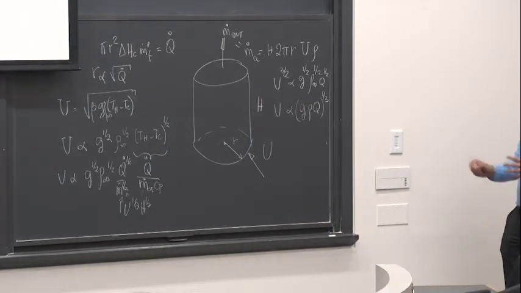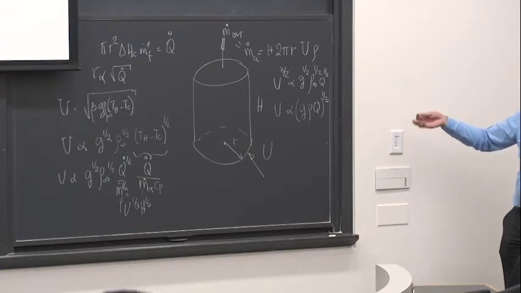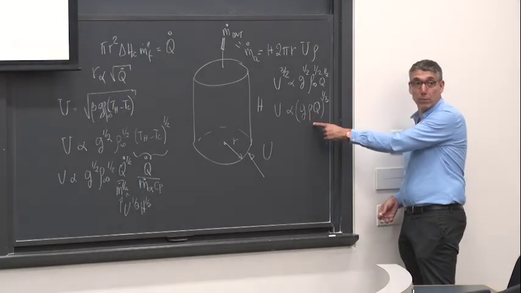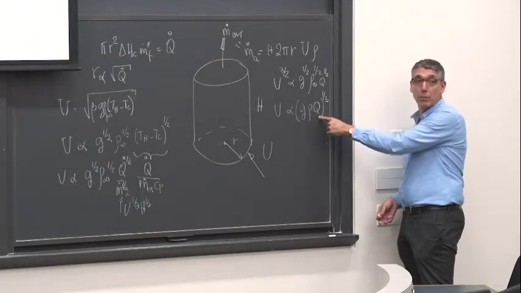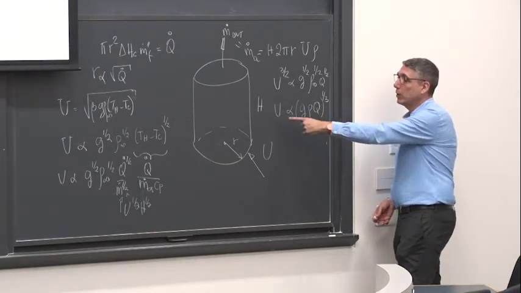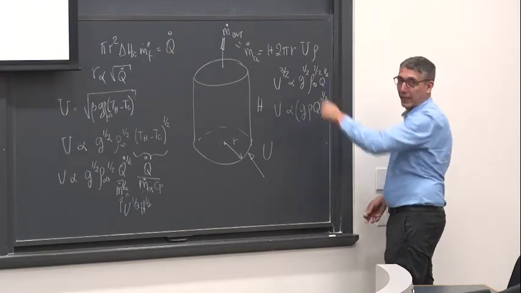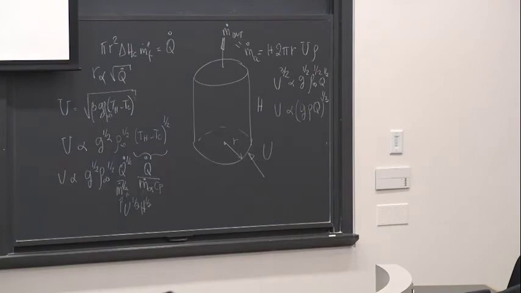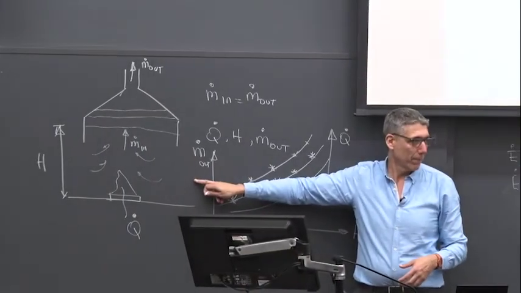So now I'm going to leave it there because you can finish the analysis if you want. All I wanted to identify is the fact that g comes to the 1/3, rho comes to the 1/3, and Q comes to the 1/3. So if I want to scale the flow rate, I'm going to scale it by g to the 1/3, rho to the 1/3, Q to the 1/3.